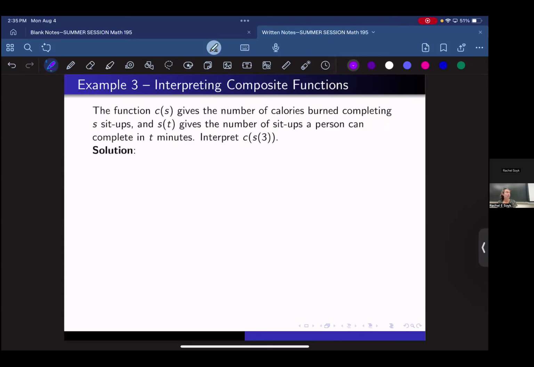So if C of S is the amount of calories being burned and S of T is, okay, how many sit-ups can I get done in T amount of time, then what is this saying? How many calories you can burn in what? Exactly, in 3 minutes, right? So 3 minutes of doing sit-ups.